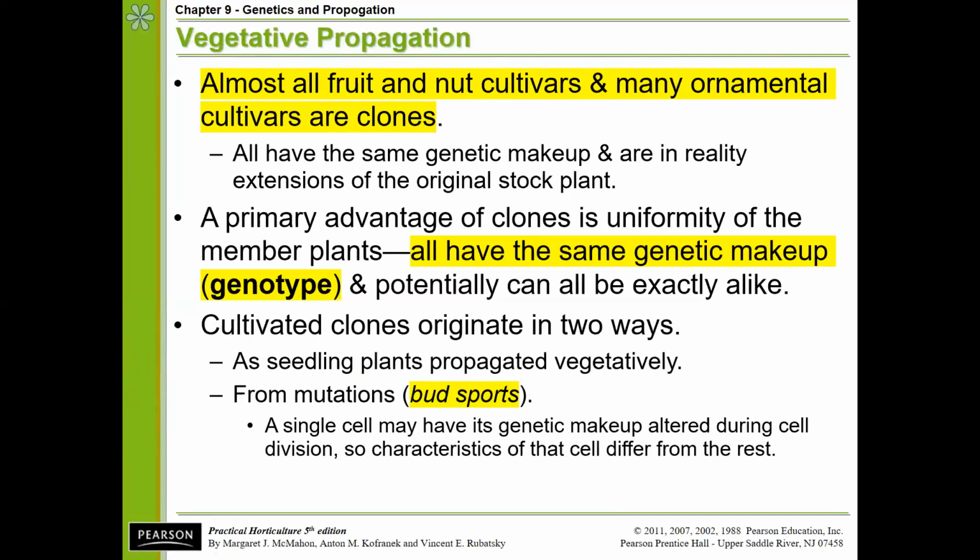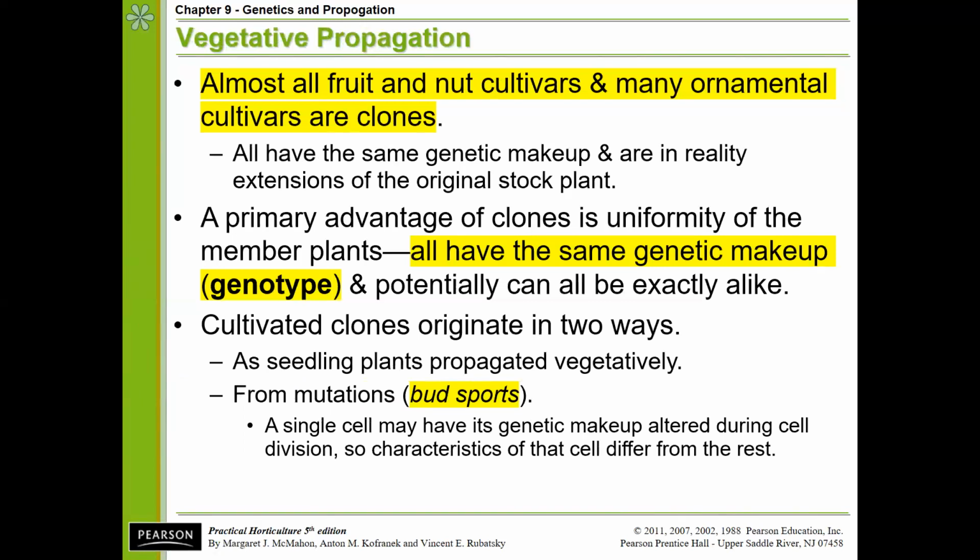We can create cultivated varieties in kind of two different ways: cultivated clones as seedling plants propagated vegetatively, or also from mutations. Usually we call these mutations bud sports, and that's basically just where it starts with a single cell that is mutated, and then it could grow on even just one area of the plant.